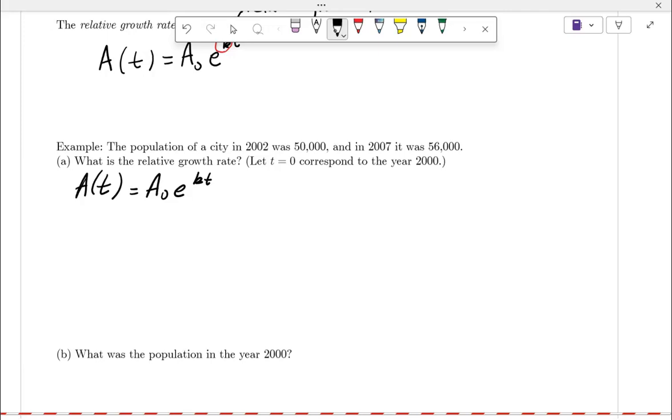If you're going to let t equal 0 correspond to 2000, plug in a 2, right? Because that's 2 years past 2000. What should you plug in to get 56,000 out? So 7, right? Okay. So we have a couple of equations now, right? We know that our a of 2 should equal 50,000, and our a of 7 should equal 56,000, right?